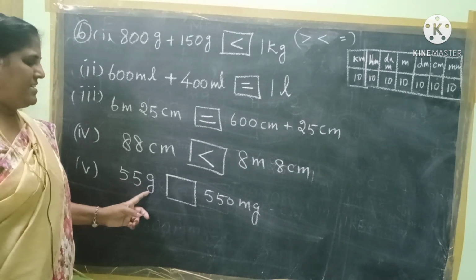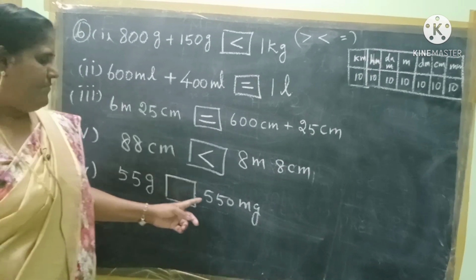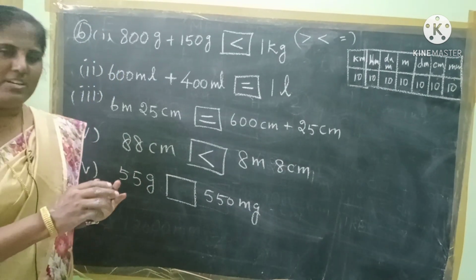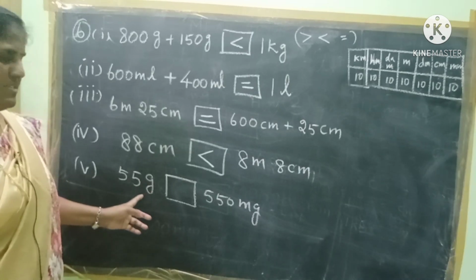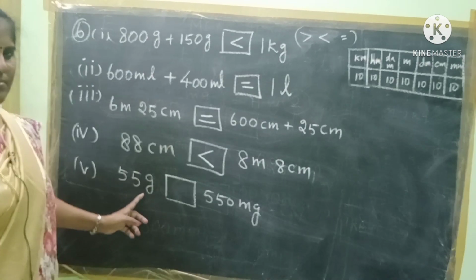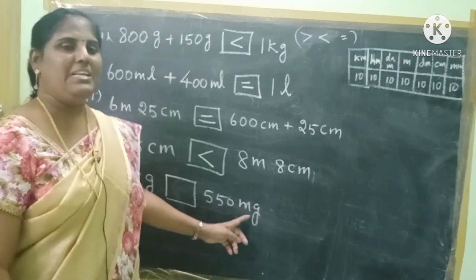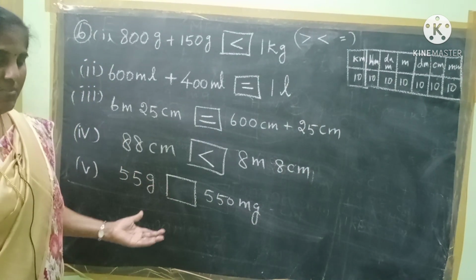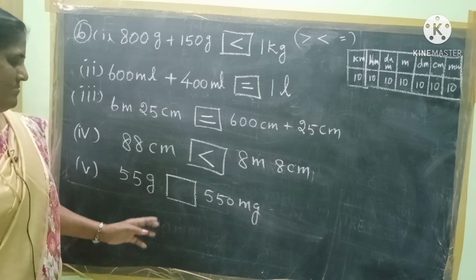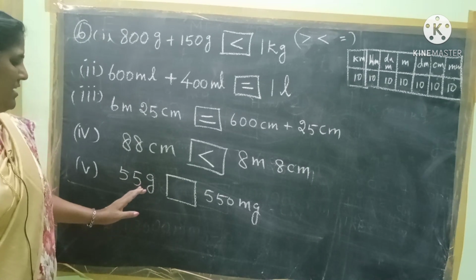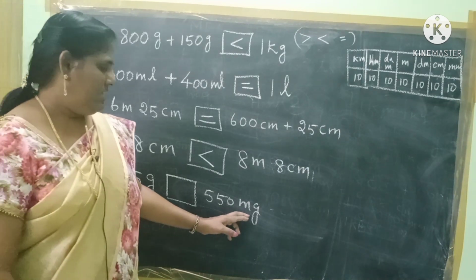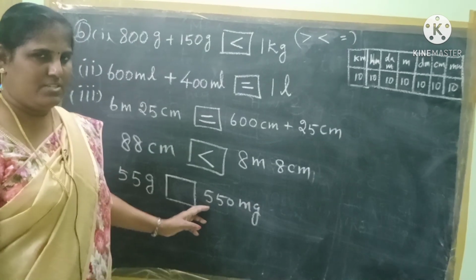Fifth sum, 55 gram and here 550 milligram. See, first this is 55 gram and this is 550 milligram. So what do we have to change first? We have to convert higher to lower, gram to milligram. But milligram to higher we can also change it.